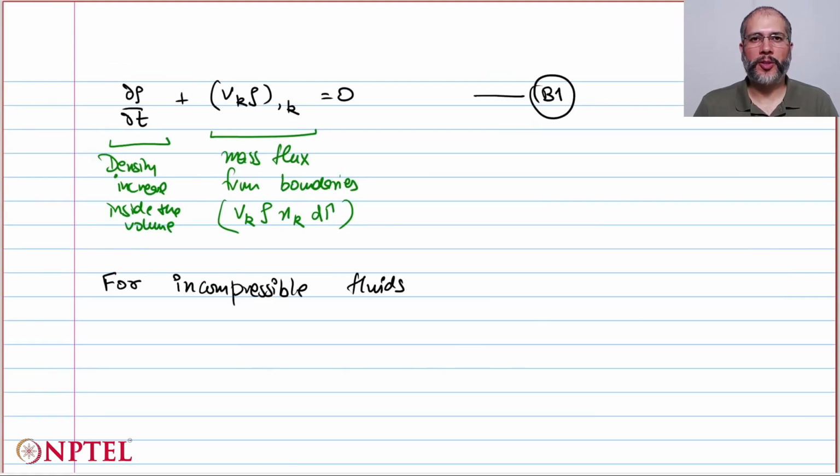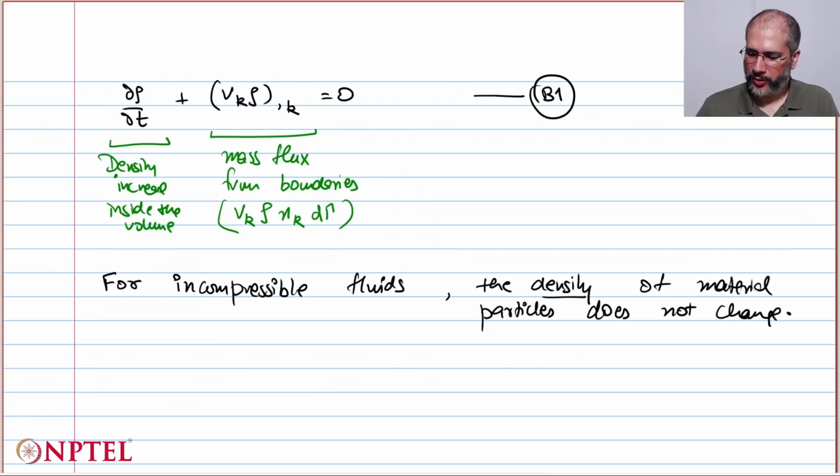Now let us take a special case of the mass conservation. For incompressible fluids, such as water, which behaves like an incompressible fluid for a large range of pressures, the density of material particles does not change. That's the meaning of incompressible: the density of the different material particles does not change with time, or stays constant.